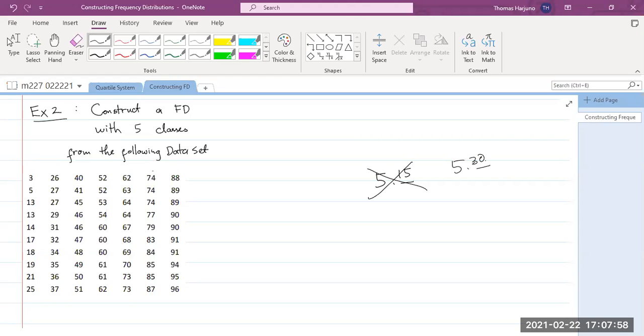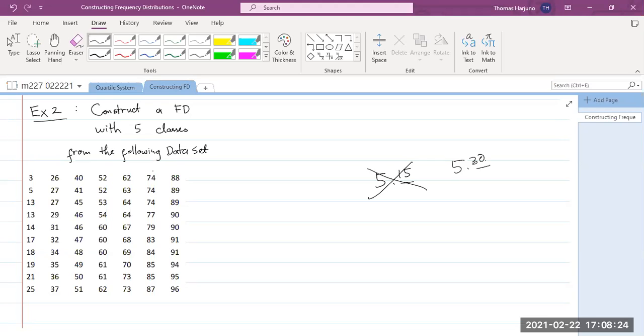We are done with constructing frequency distribution from here. After we're done with this one data set, I will give you a new data set, and then we will ask everything possible from that data set.